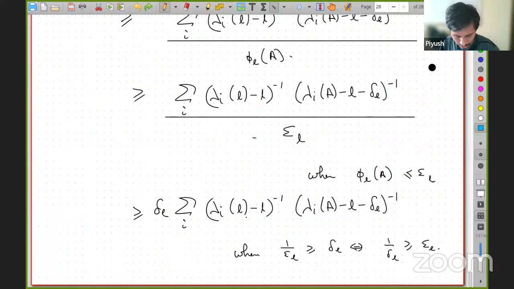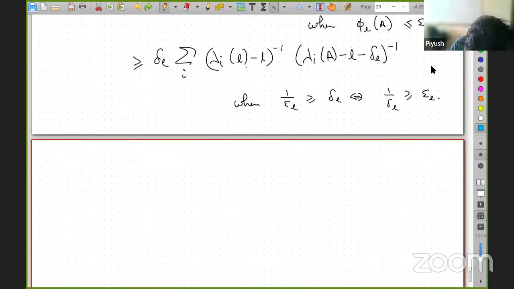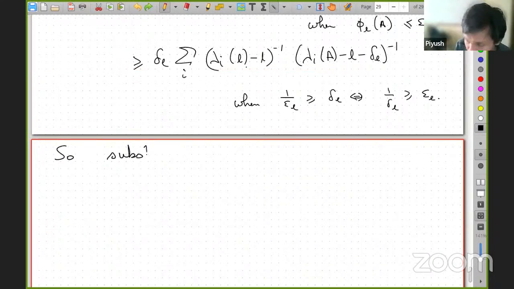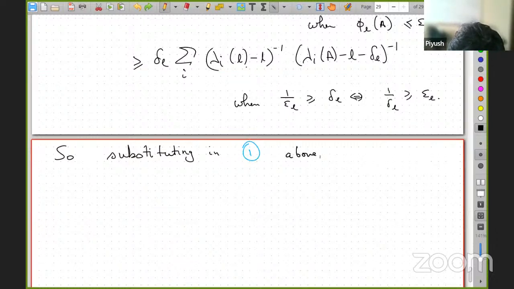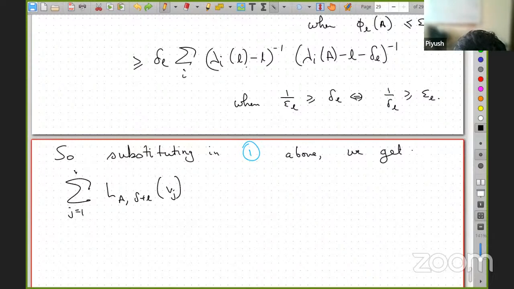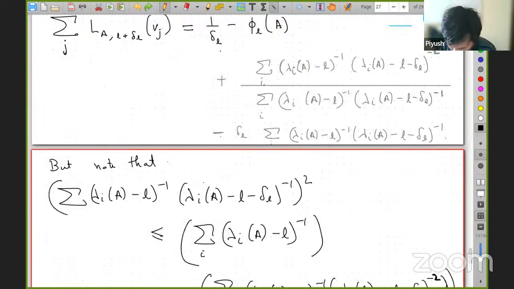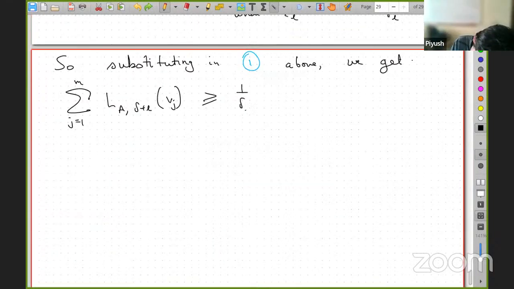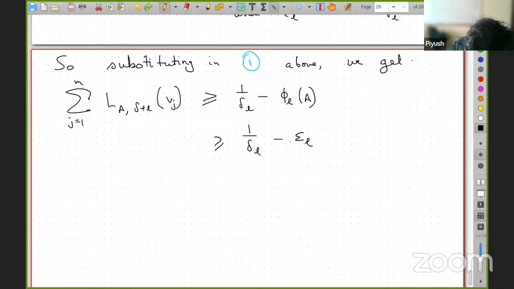Okay. So substituting, the summation over L A delta plus L B_j, j goes from 1 to n, is bigger than or equal to 1 over delta L minus phi L of A, which is bigger than 1 over delta L minus epsilon L. So what are the conditions that we needed?